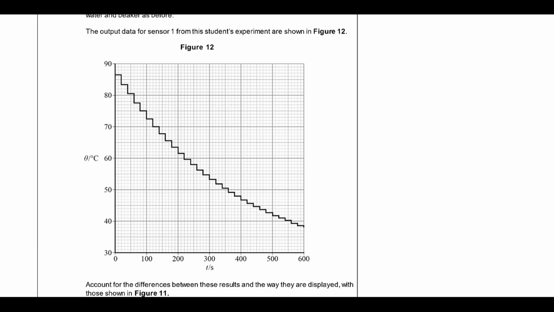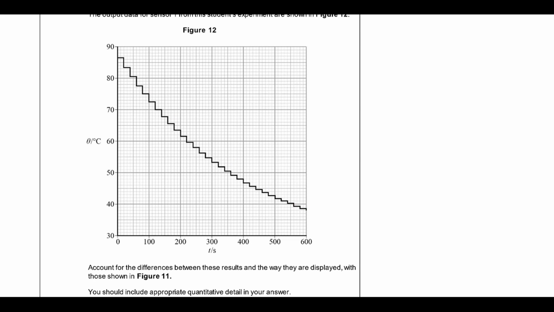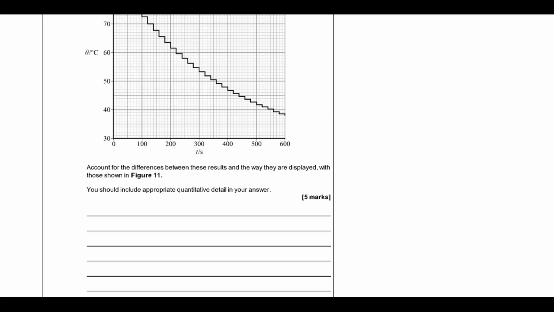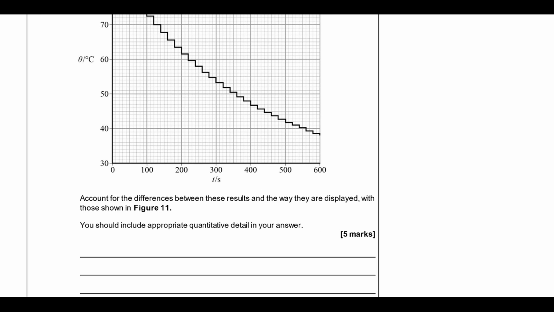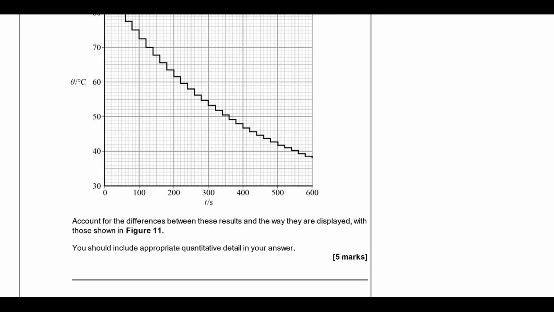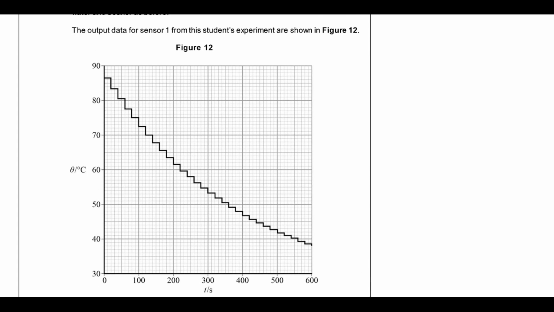The one previously would have been updating much faster, which is why the curve looks smooth. Digital equipment graphs always look like this, but if you make the update rate quick enough, you can't see the stages. It wants us to account for any differences between these results and those shown in figure 11.